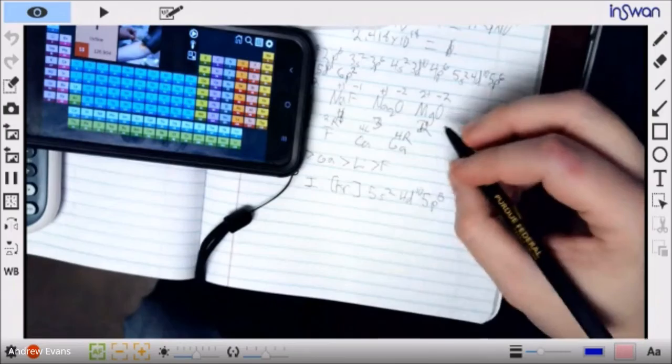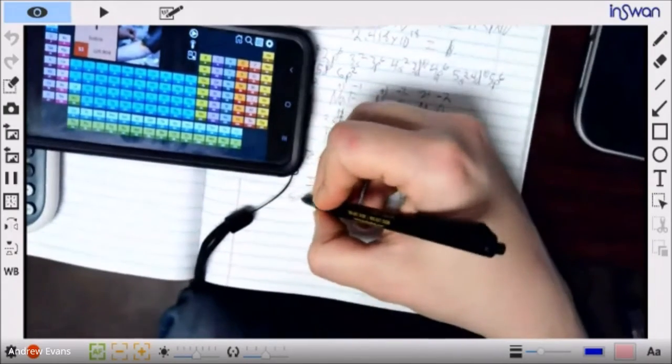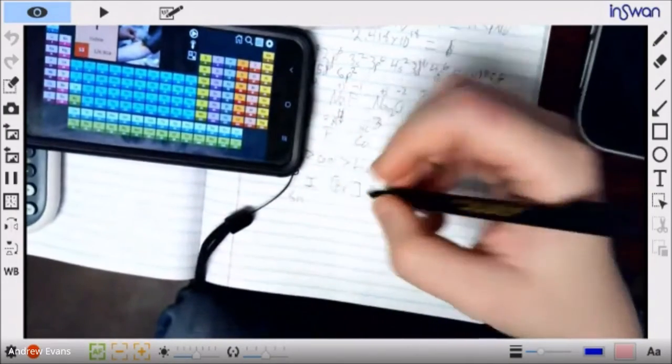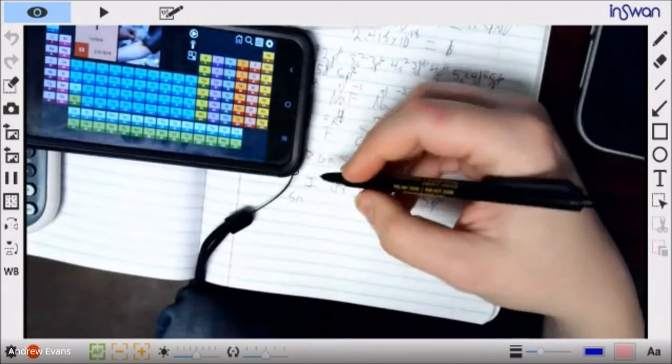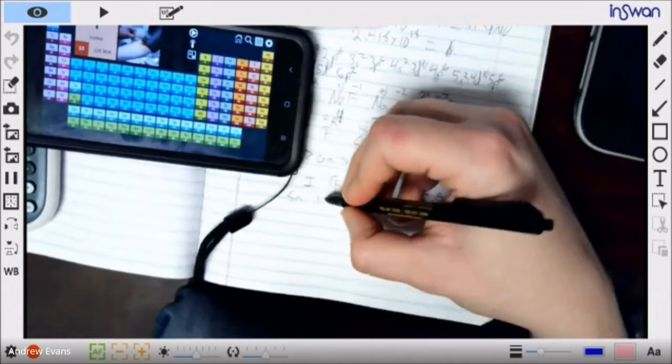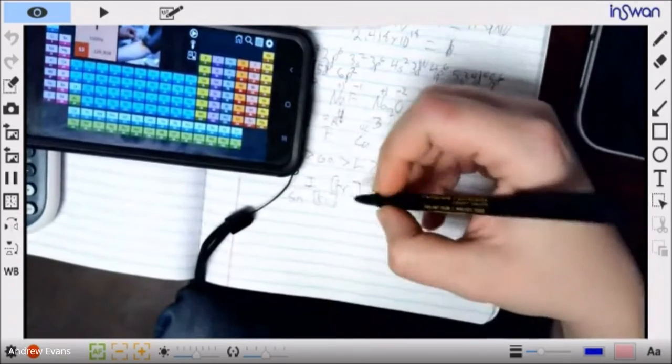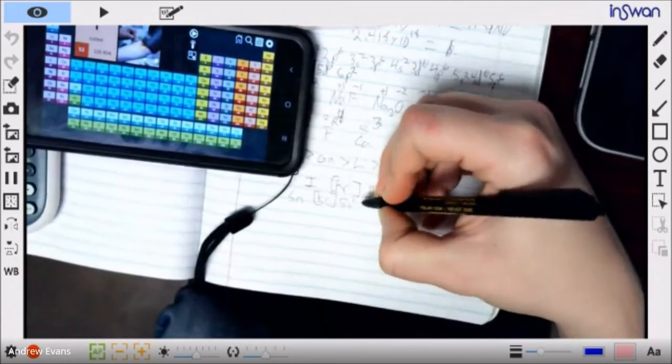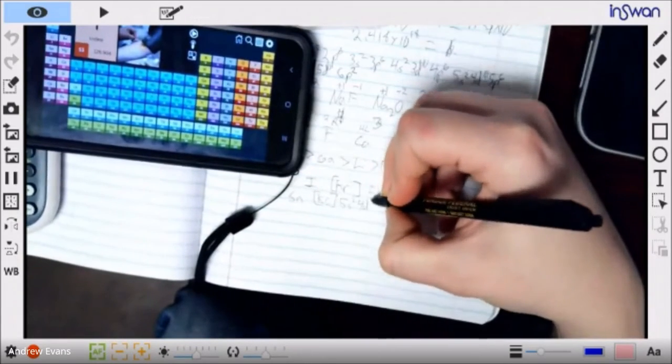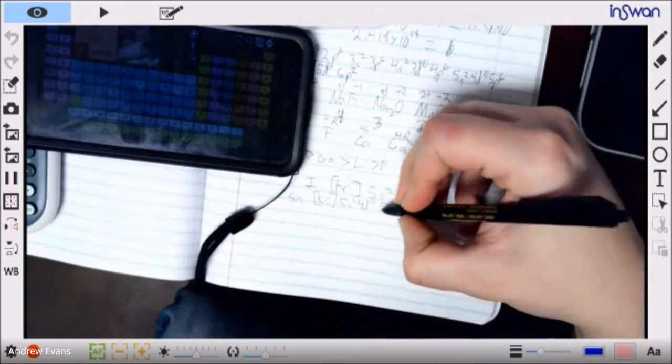Now, tin neutral is also row 5. So that would be krypton 5s2 4d10 5p2.